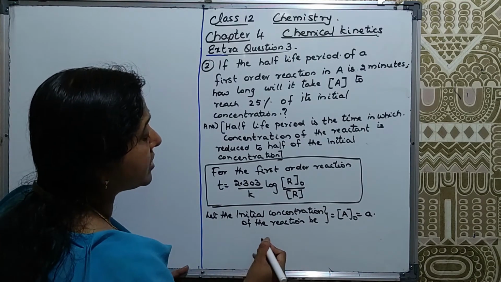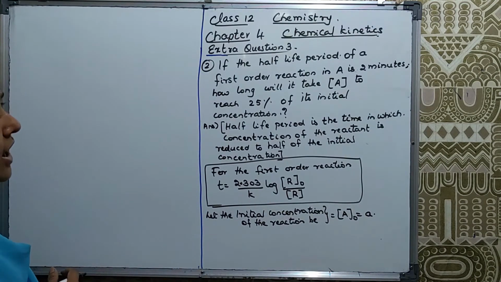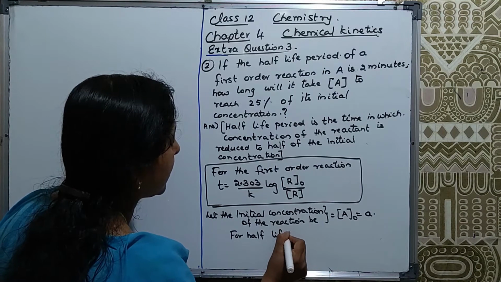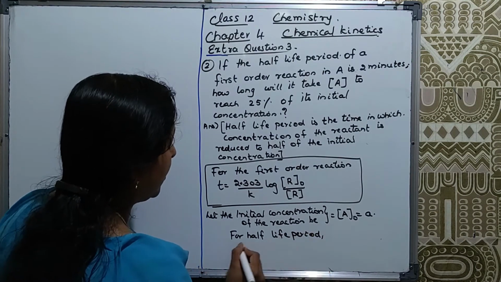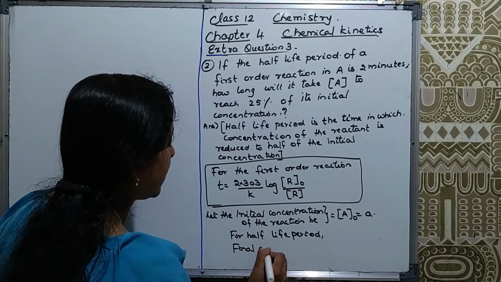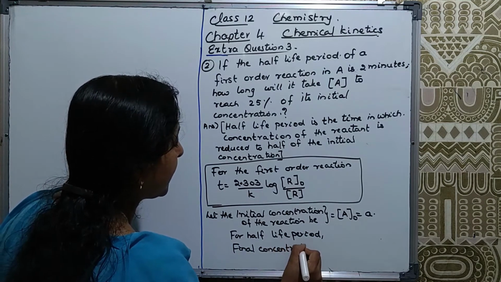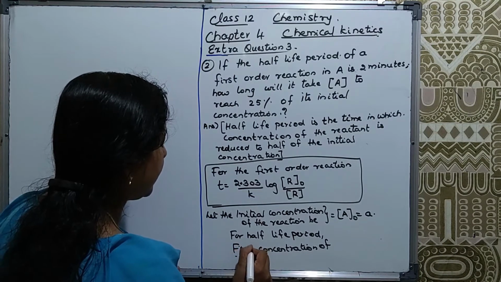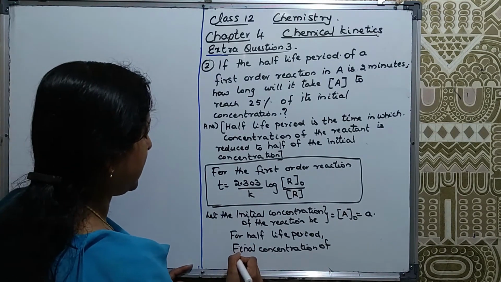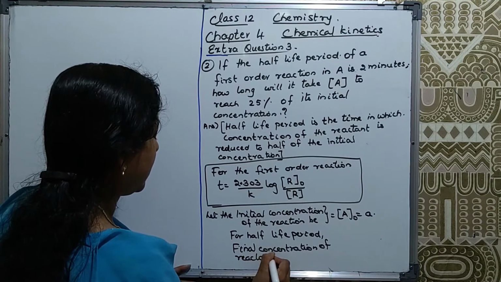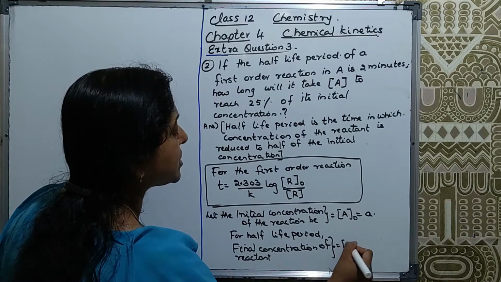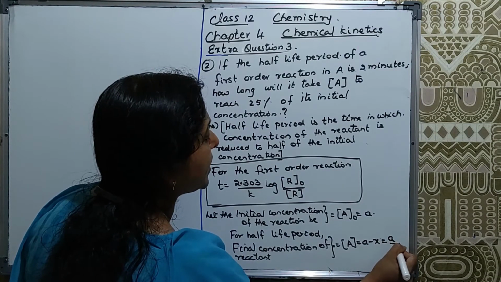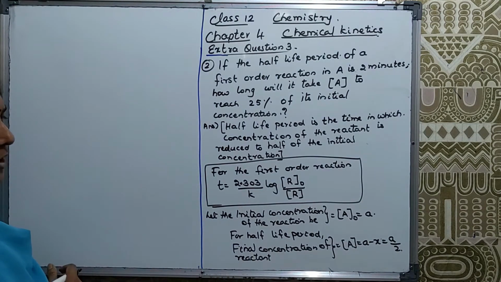Then the final concentration, for the half-life period we are taking, the final concentration of reactant will be equal to concentration of A minus X, which is equal to A by 2, because for half-life it is A by 2.